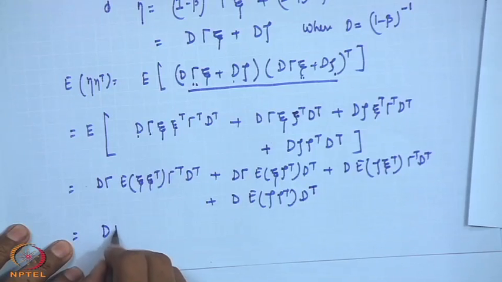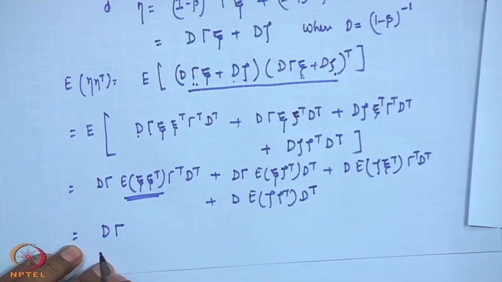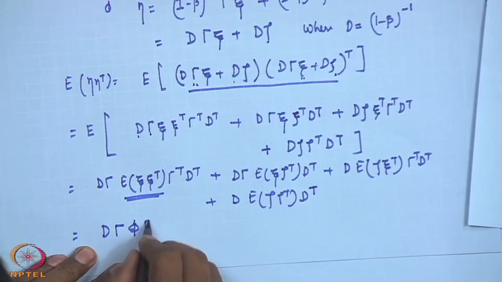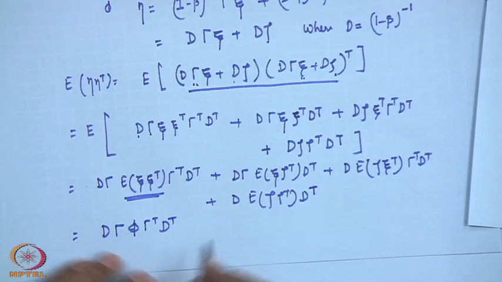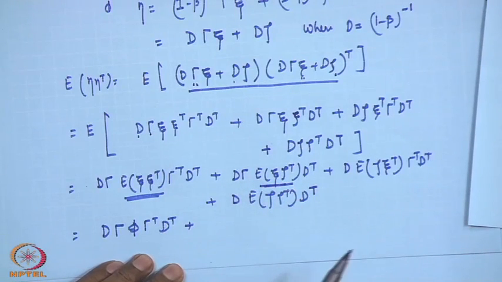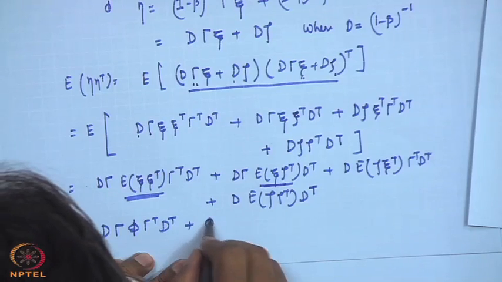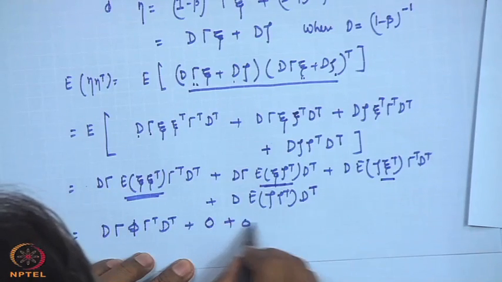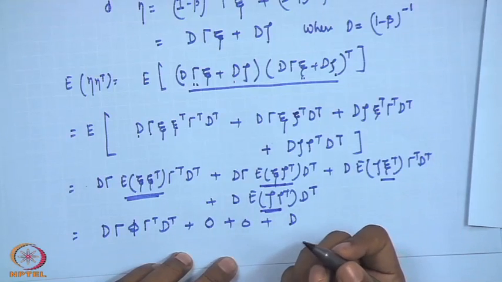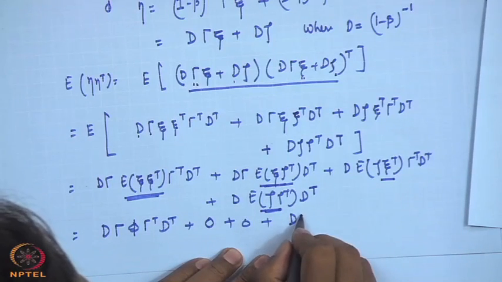So, d gamma, this one is nothing but phi, the expected value of the latent exogenous construct, gamma transpose, d transpose, plus this will be 0 because the latent exogenous constructs are uncorrelated with zeta, the error term of eta. So, this is 0. Similarly, this is 0. So, finally, d. Now, the expected value of zeta zeta transpose, we say it is psi.